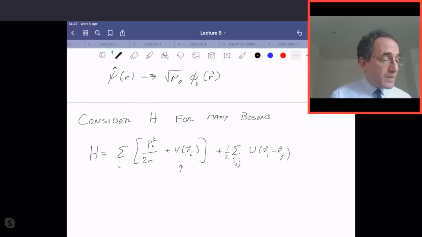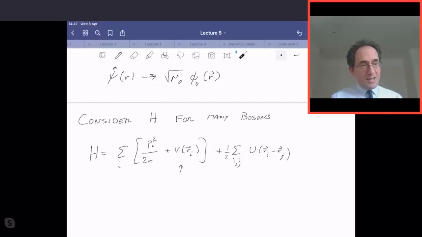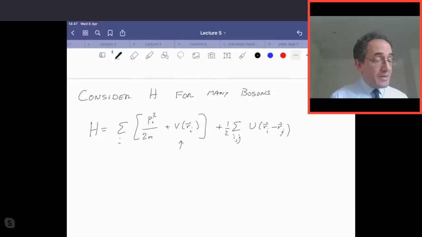We're going to use this Hamiltonian many times. It's a generic Hamiltonian for particles with kinetic energy in some background potential interacting with each other. The factor of 1/2 is so that we don't overcount particle i interacting with j and then j interacting with i. Okay, now this generic Hamiltonian, we want to write it in second quantized form, because that's going to allow us to use our machinery.